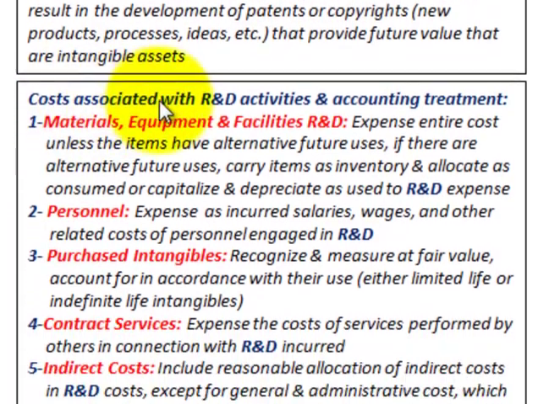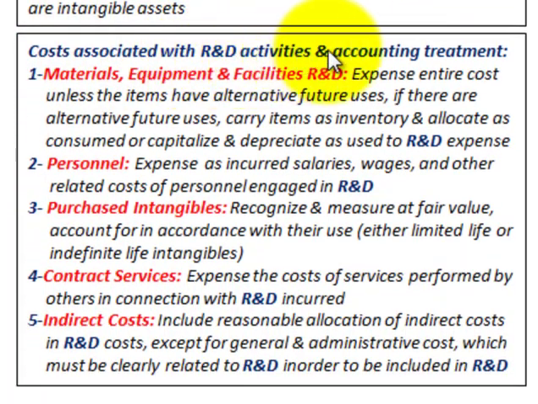Okay, the costs associated with R&D activities and the accounting treatment. We'll just look at the 5 categories here. So first, materials, equipment, and facilities directly related to R&D. You'd expense the entire cost unless the items have alternative future uses.